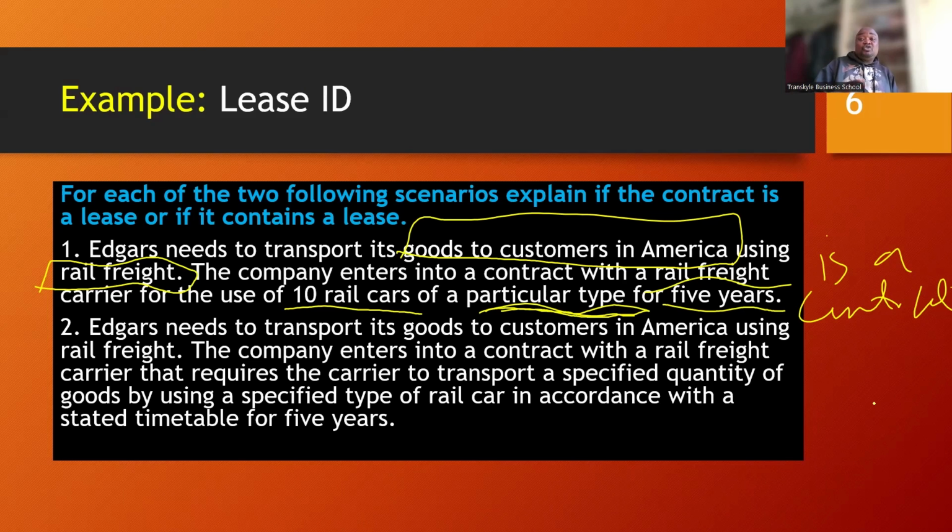I'm sure I missed this part. I'll tell you which situations in which IFRS 16 is not going to apply. Now, we'll talk about those ones. They've entered into a contract with this carrier to ferry their goods to America to their customers according to a stipulated timetable for 5 years.